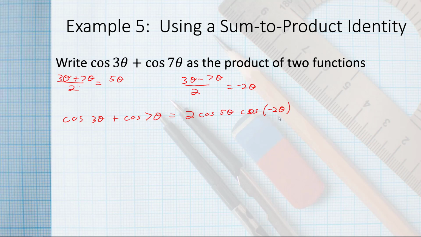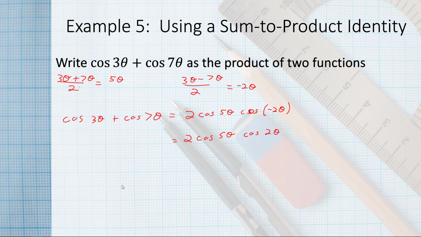And now notice here that cosine is an even function, so we can simplify this a little bit, because cosine of negative 2 theta is going to be equal to cosine of 2 theta, so we can write this as 2 cosine 5 theta times cosine 2 theta.